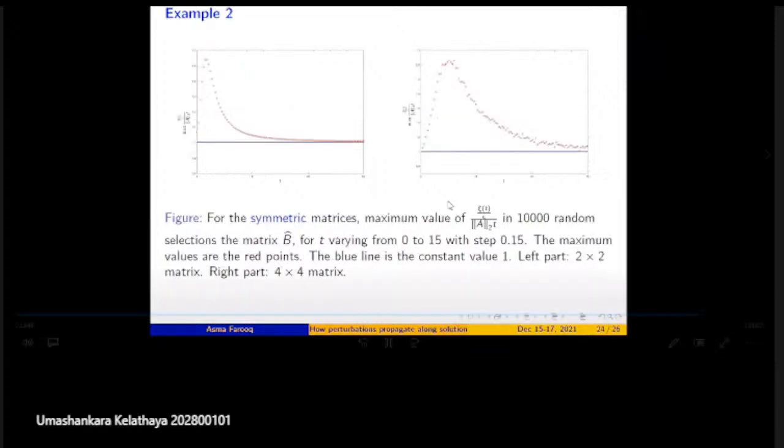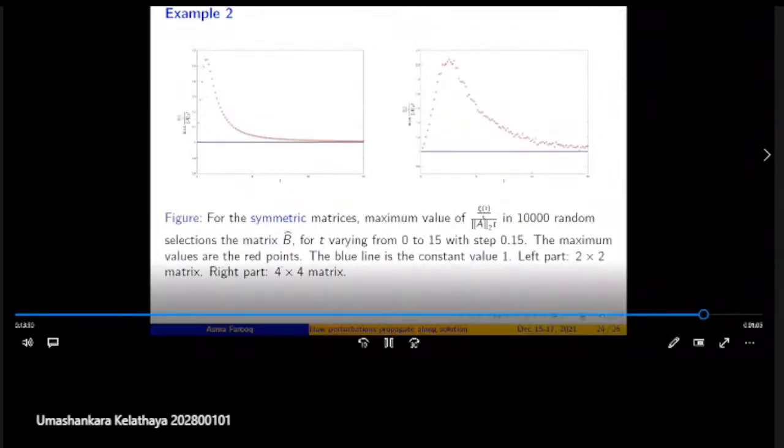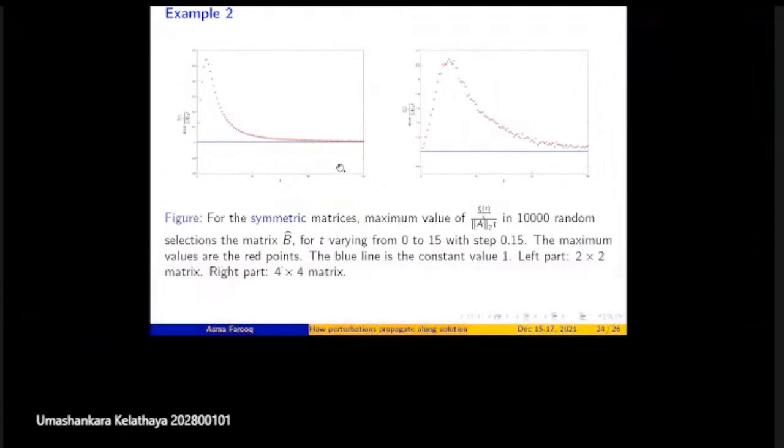In our second example, we considered a 2x2 symmetric matrix for the left plot and a 4x4 symmetric matrix for the right plot. And we chose our initial value in a way to have the generic situation, which was given by theorem 4. Let me show you.